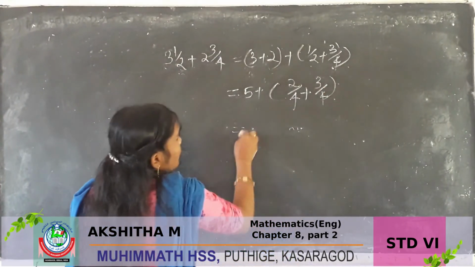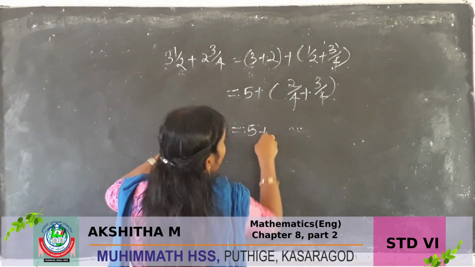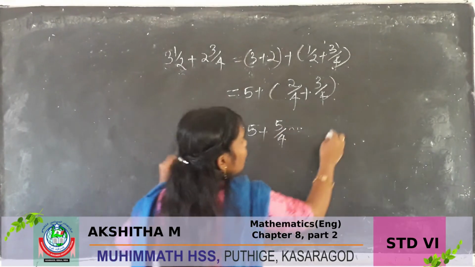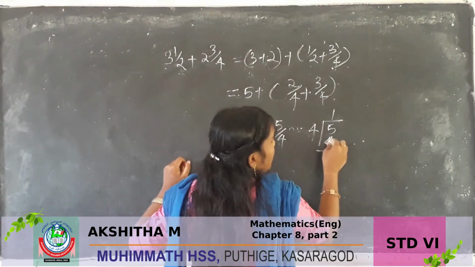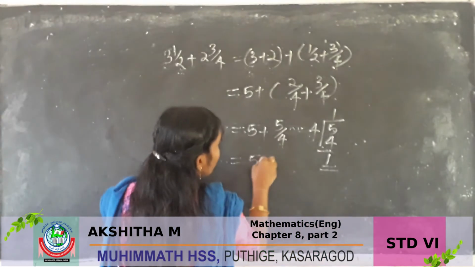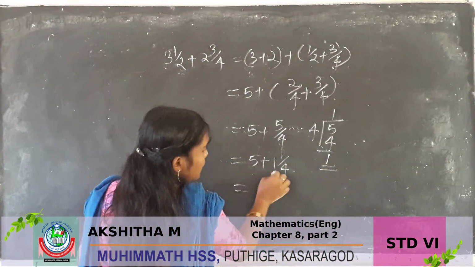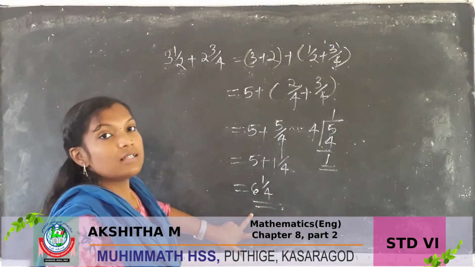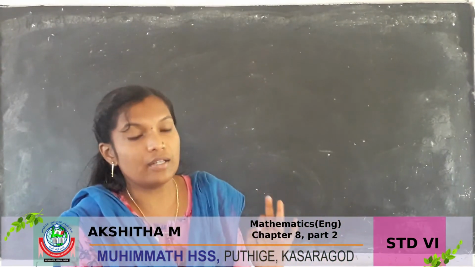So 5 plus 5 by 4. 5 by 4 means we already know, 5 minus 1 is 4, remainder 1. So we got fraction 5 plus 1 1 by 4. So 5 plus 1 is 6, 6 1 by 4. We got here same answer. Like this we can add the fractions.